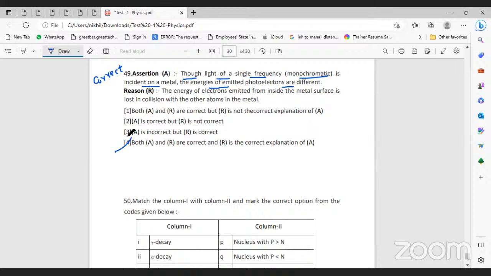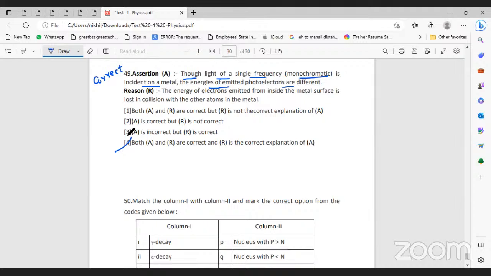Whenever the electron is coming out from the metal, it is because of the collision of the electrons. So both assertion and reason are correct, and the reason is the correct explanation for A. So option 4, option D, is the correct answer.